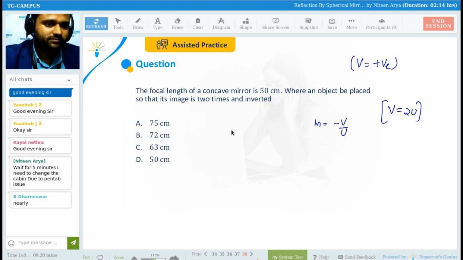I need to check, beta. Is this A or something else? What they ask? Yeah, M equals to F upon F minus U. Using this particular formula, you need to use obviously that.